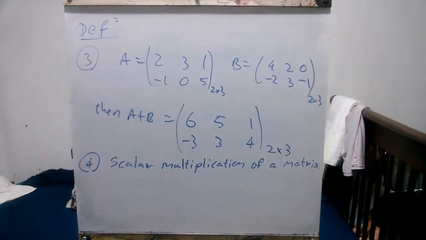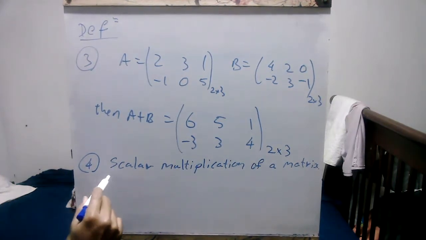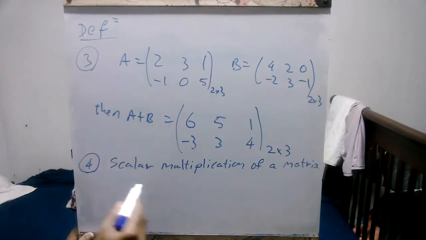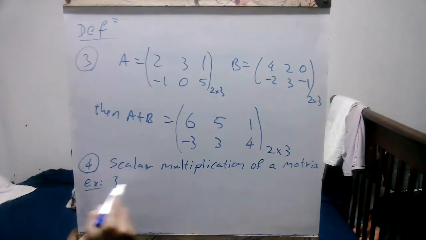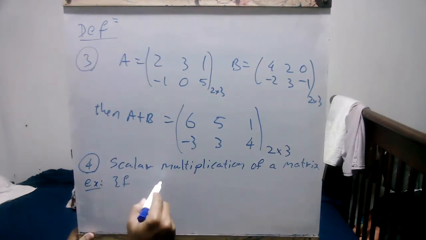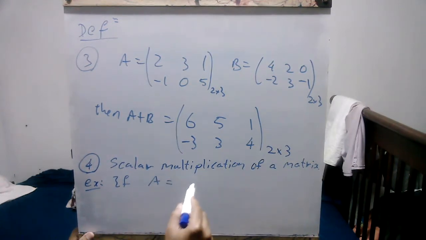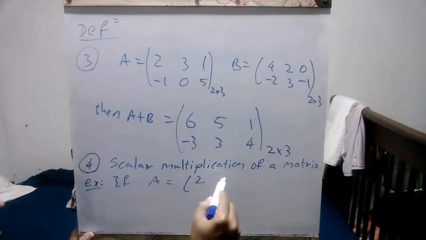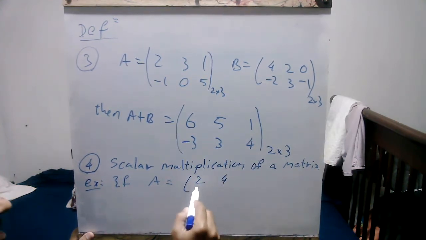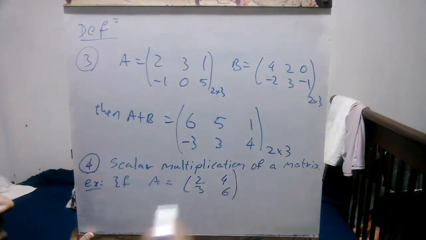Scalar multiplication of a matrix. Let me explain this using a simple example. Say A equals the matrix 2, 4, 3, 6.